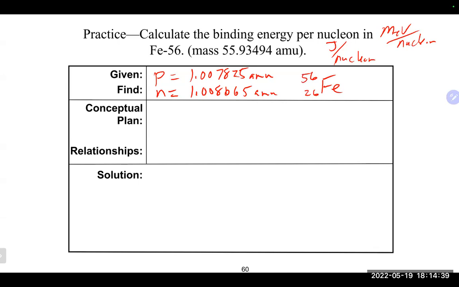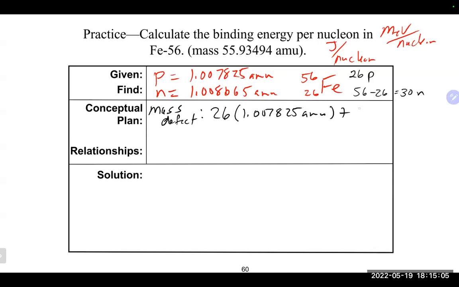Okay, let's take a look and see. So again, from the atomic number, obviously we know we have 26 protons. Taking our mass number minus our atomic number leaves us with 30 neutrons. So we'll start with our mass defect again here. We're going to take our 26 times 1.007825.